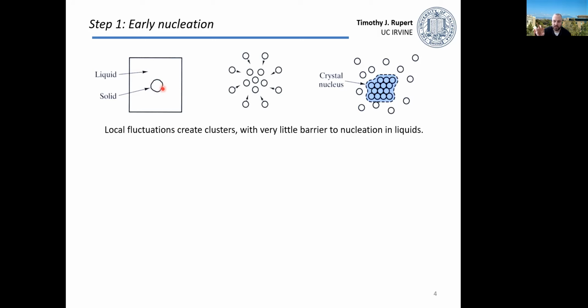You can have local fluctuations that create clusters, with atoms moving around. A few of them find a local region that they like, and they start to form a crystal. That nucleus can then just grow and become that second solid phase. So there's very little barrier to this happening in a liquid, and it could be pretty straightforward.